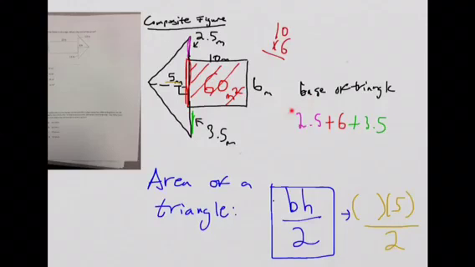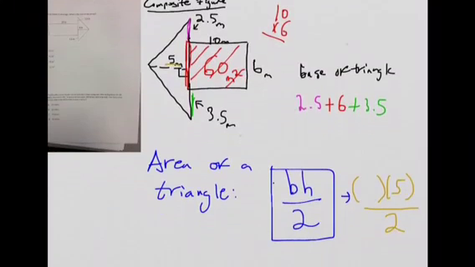We can add these two numbers here to make it a little bit more easy. So 2.5 plus 3.5. Actually, it doesn't really matter. We can just add these right here. And that's going to be 8.5 plus 3.5.